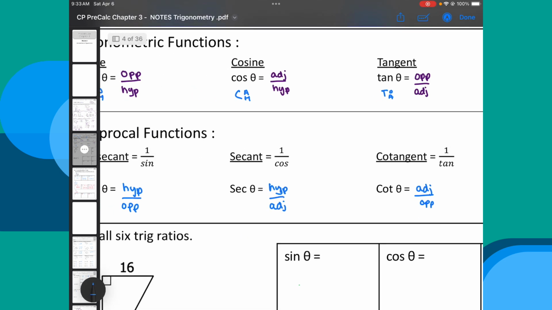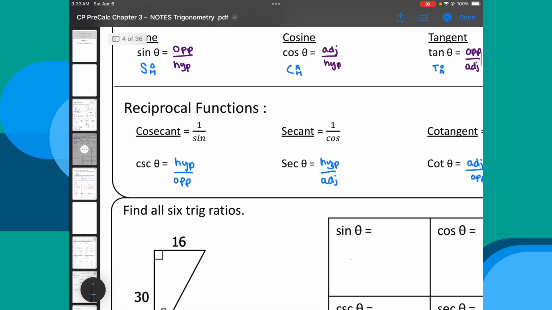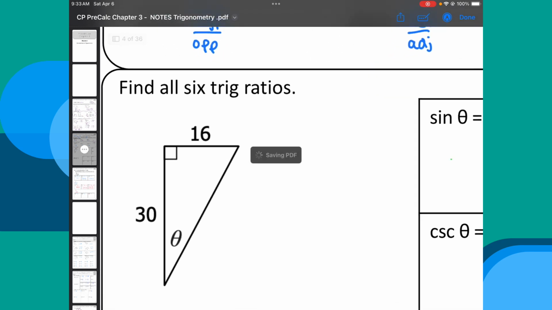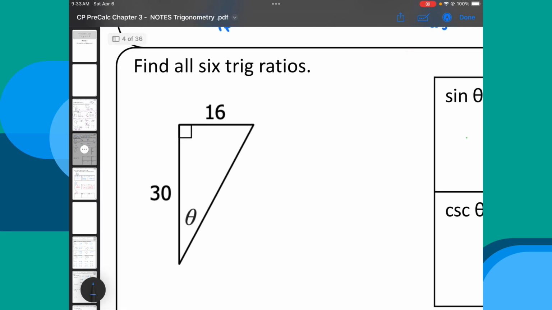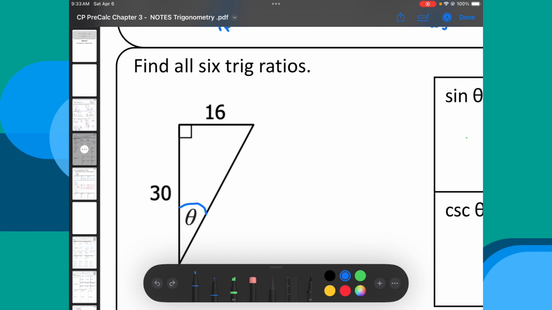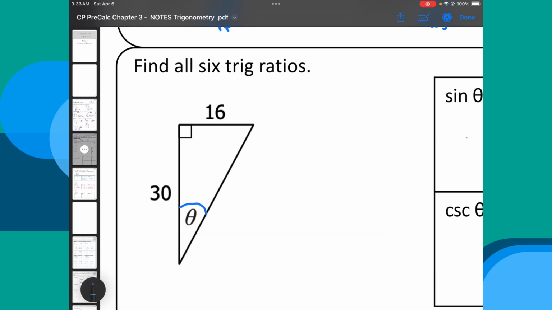So let's use those trig ratios and see if we can set up some ratios for this triangle, and then the next example. So here we have theta. The first thing I want to do is label my sides. Across the triangle from theta is going to be the opposite side, so I'm going to label that. Next to theta will be the adjacent side.